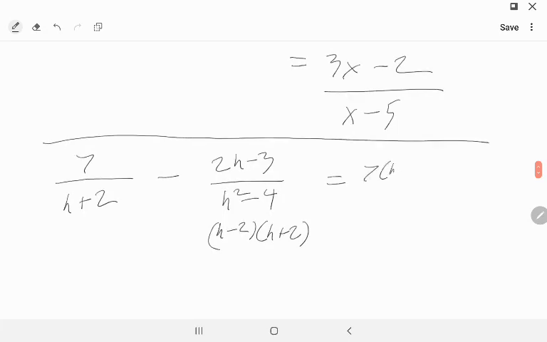So we're going to get 7 times the quantity h minus 2 divided by h plus 2, h minus 2, minus the 2h minus 3 divided by the same denominator.